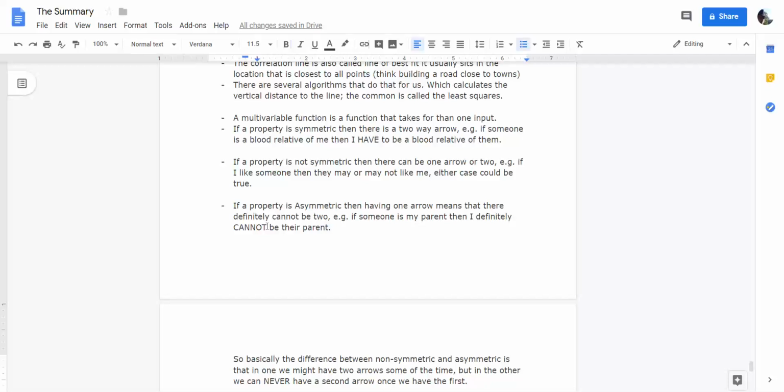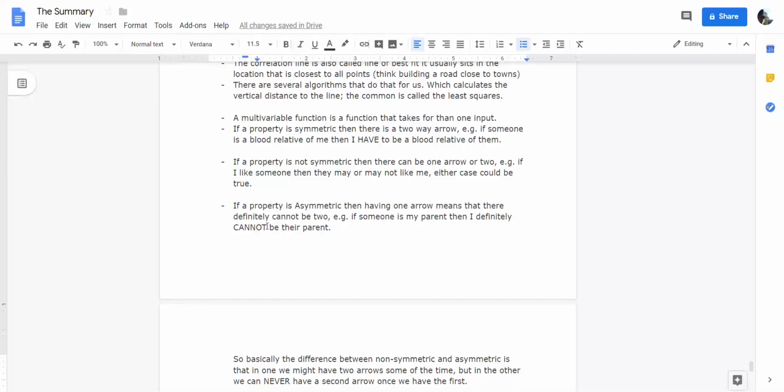So with antisymmetric, there could be a relation that allows the symmetric to happen, but there are cases that are anti.